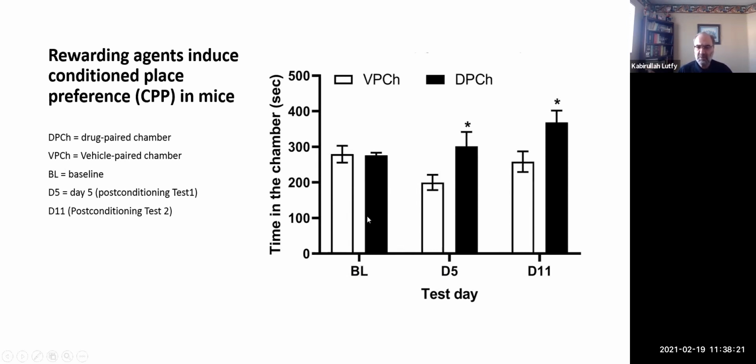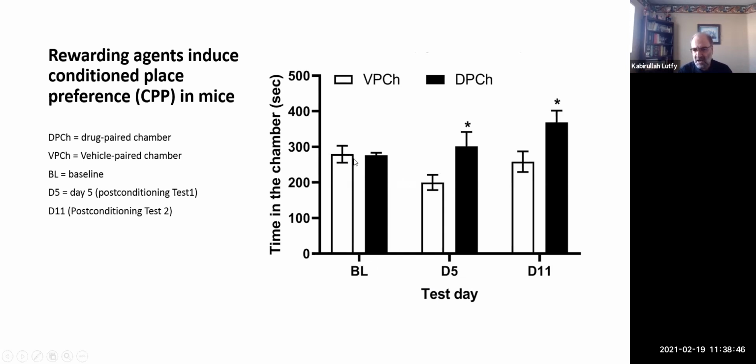Almost equally, they spend the same amount of time in both chambers. When we start conditioning them, they receive 2 drug conditionings and 2 saline, or vehicle, conditionings. You can see there is a drop in the vehicle pair chamber and a small gain in the drug pair chamber.